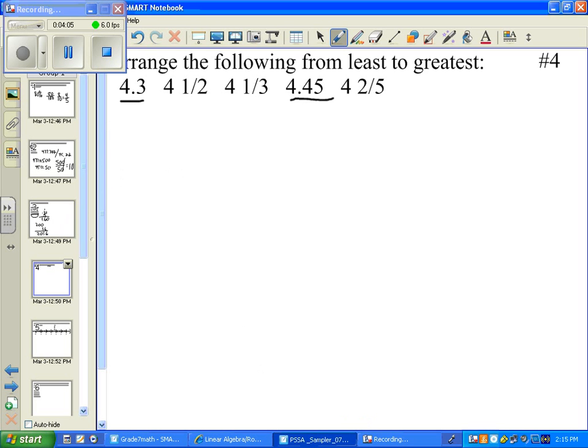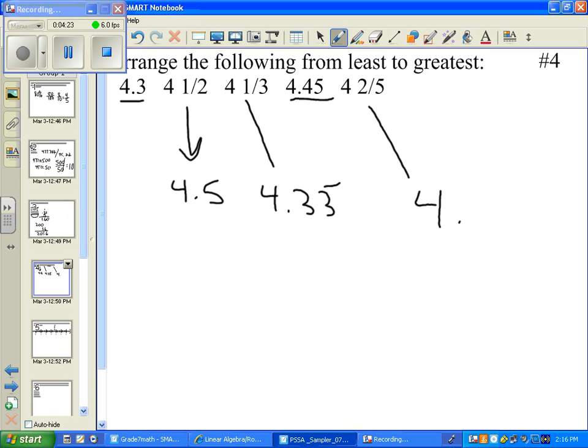It'd probably be easier, cleaner if we put these all into decimal form. So we'll put this 4.5. We'll make that into a decimal, and we'll make this into a decimal. And we'll make this 4 1/4 into a decimal.